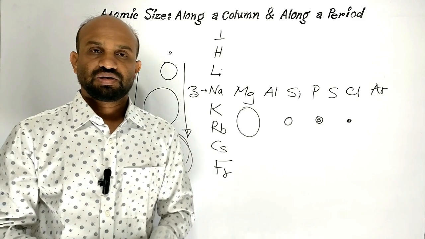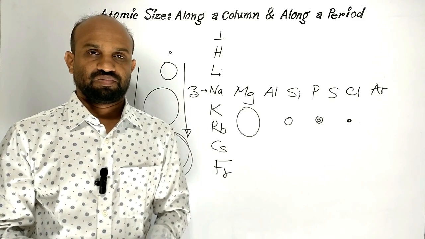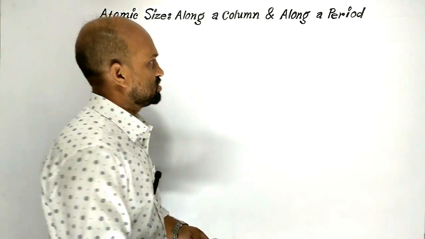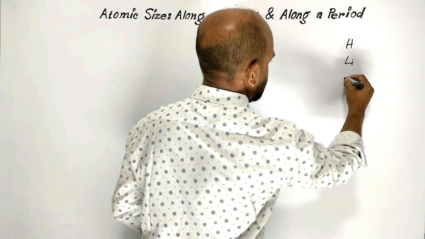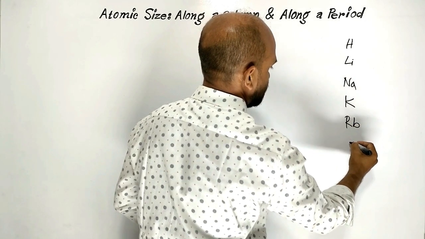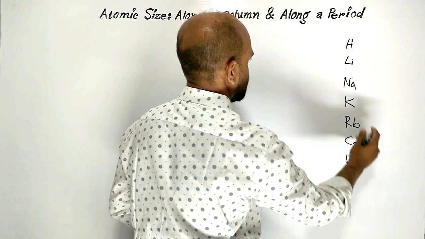First of all, let's see change of atomic sizes along a column. Let's write elements that belong to column 1: hydrogen, lithium, sodium, potassium, rubidium, cesium, and francium.